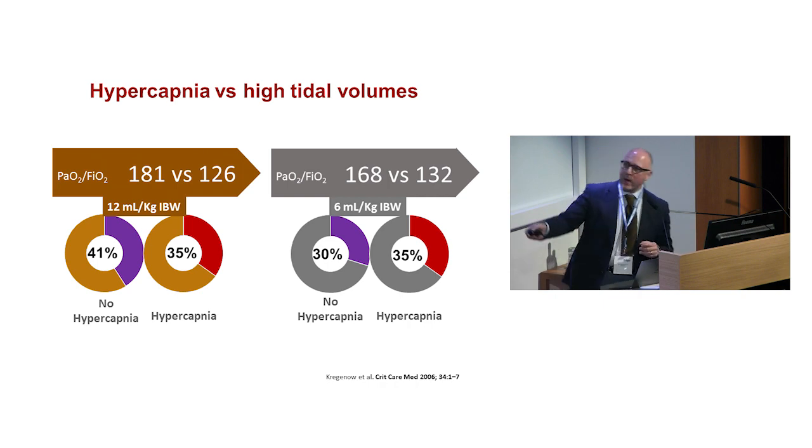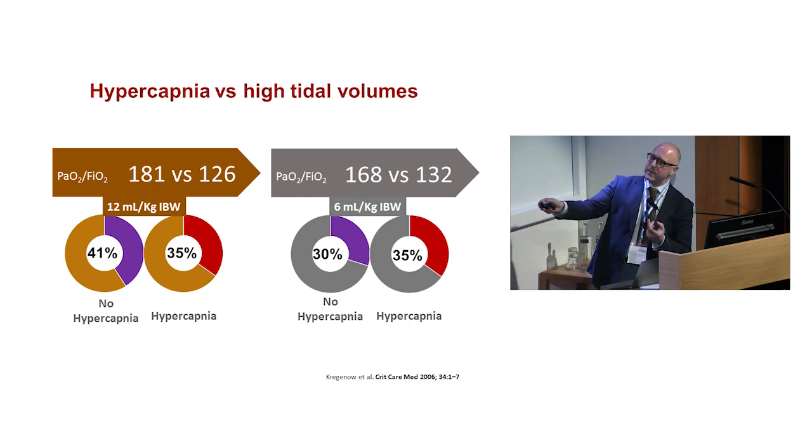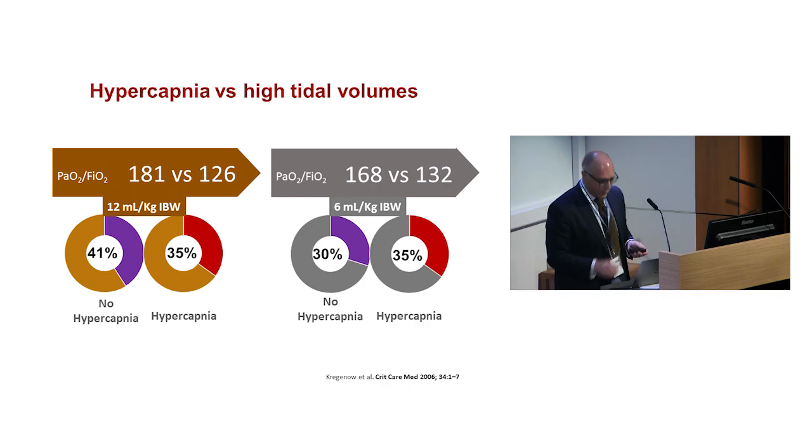Otherwise you should ventilate them even harder. And here the risk of ventilating them really hard is greater than the hypercapnia, so the mortality is reduced. Well, when you already treat them quite gently, then you can see almost the reverse is true. Having hypercapnia, statistically not significantly, but it will marginally increase mortality.